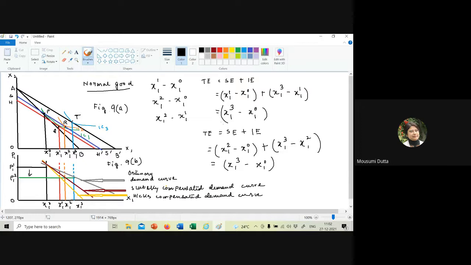Thus, the Slutsky demand curve lies in between the Hicks and ordinary demand curves.